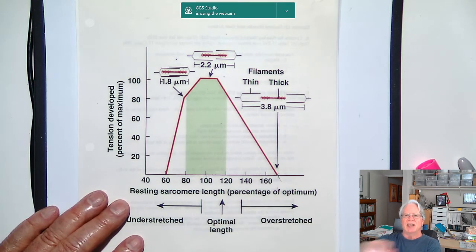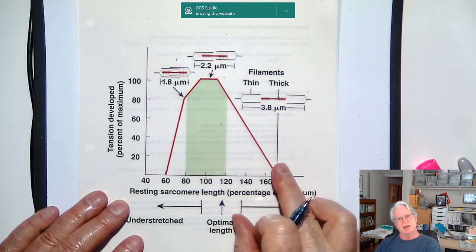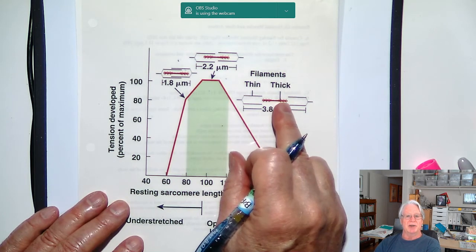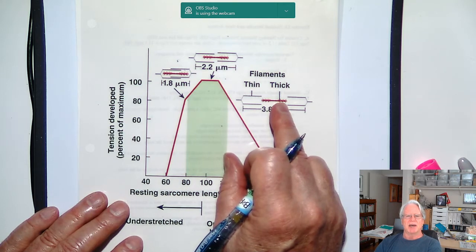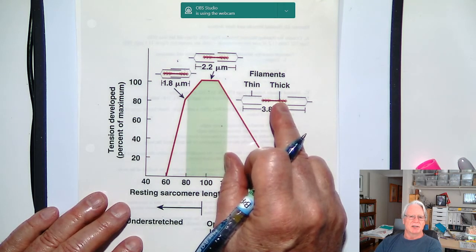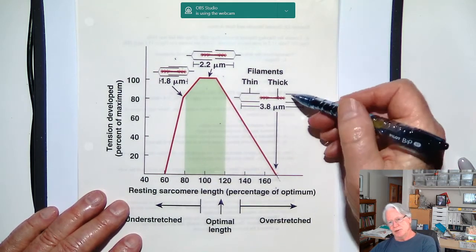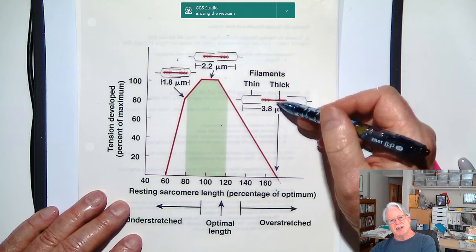You cannot bend your elbow to the extreme where you're stretching the biceps brachii to the point where there's no overlap, unless you break your elbow and bend your arm all the way back. That's not going to happen unless extreme violence has happened to you. So this is the extreme case, and it's not going to happen.